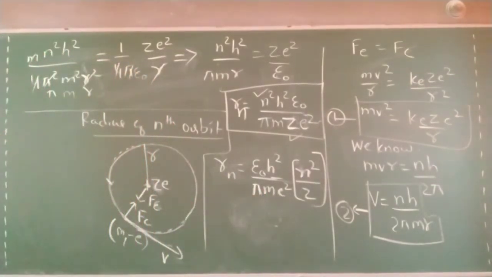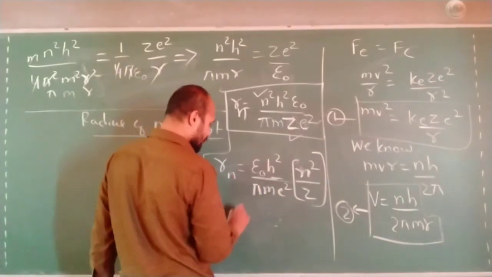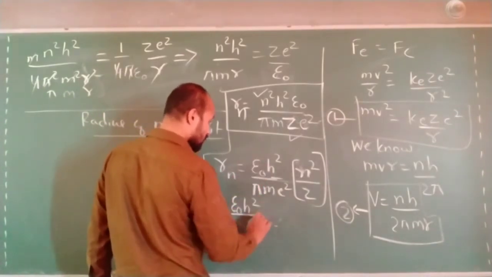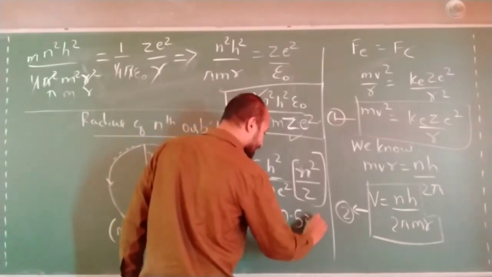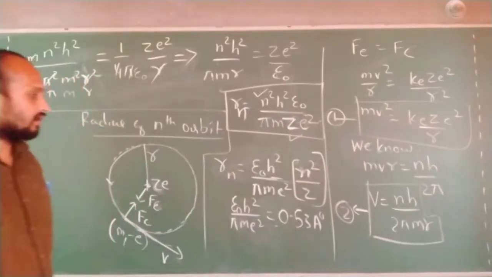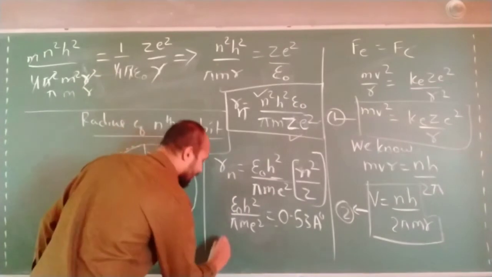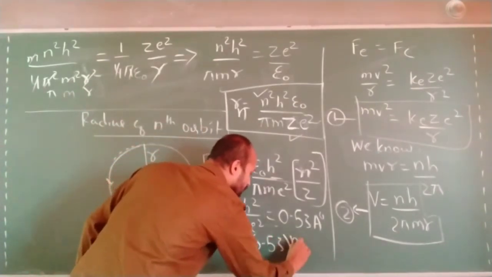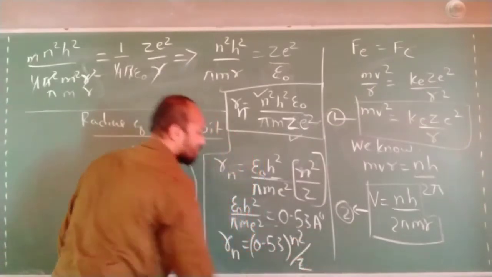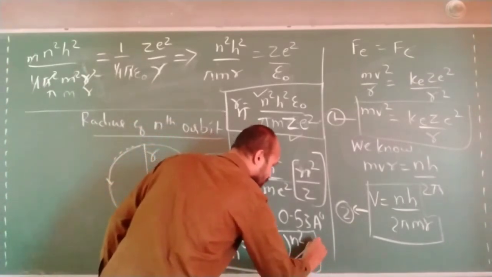So if I calculate those values, I get this value, 0.53 angstrom. So you can write this formula: Rn is equal to 0.53 into n square by z. Okay, for shortcut here, in terms of angstrom.